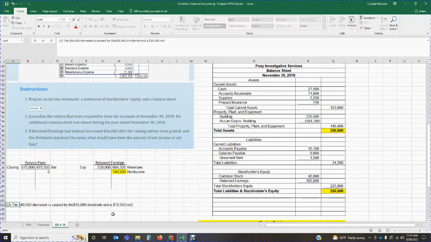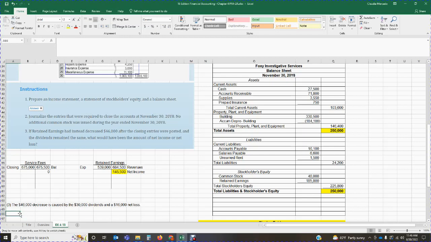First we need to figure out why we would have a $46,000 decrease in our retained earnings. So it says if retained earnings had decreased by $46,000 after the closing entries were posted and the dividends remained the same, what would have been the amount of net income or net loss? So if the 46,000 decrease occurred, it is caused by the 30,000 dividends and then a $16,000 net loss.